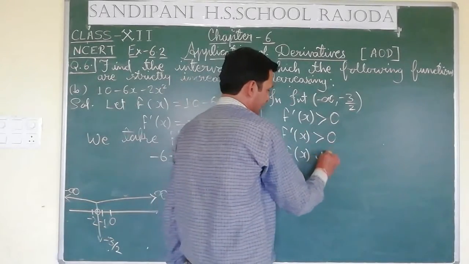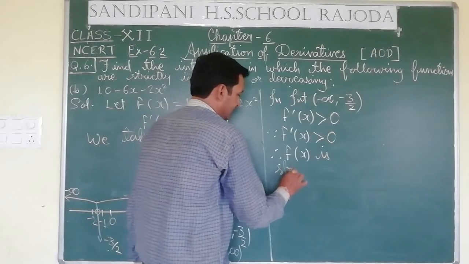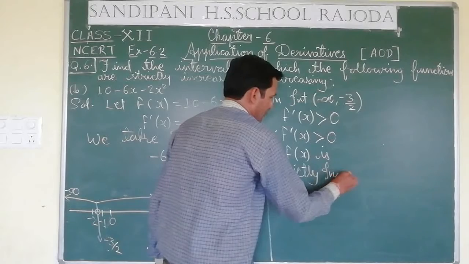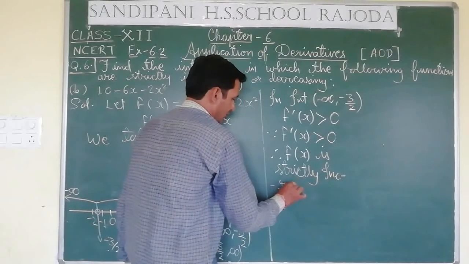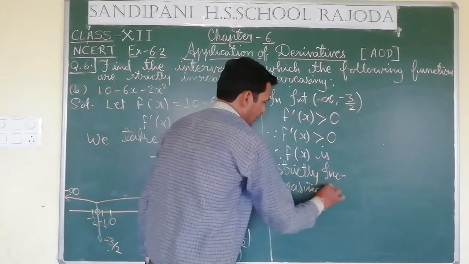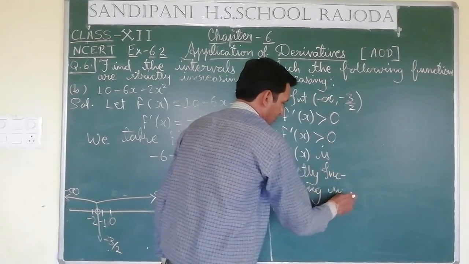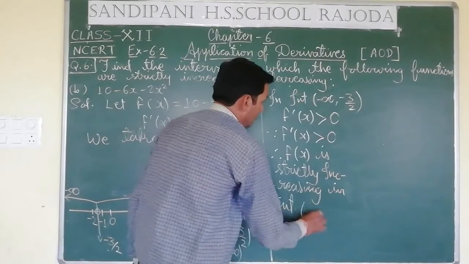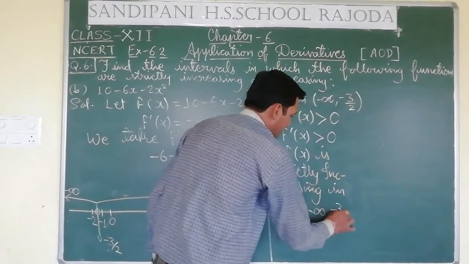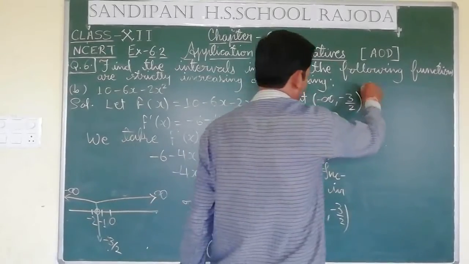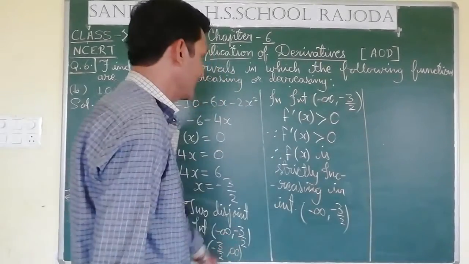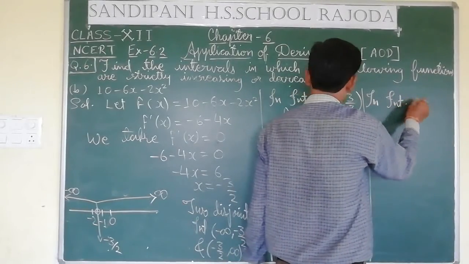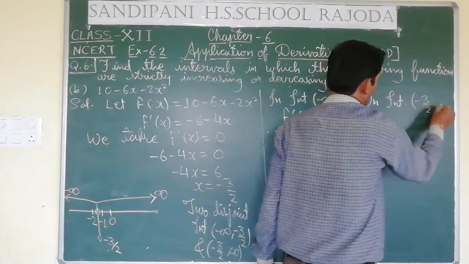Therefore f of x is strictly increasing in the interval minus infinity to minus 3 by 2. Now let us check minus 3 by 2 to infinity. So in the interval minus 3 by 2 to infinity.